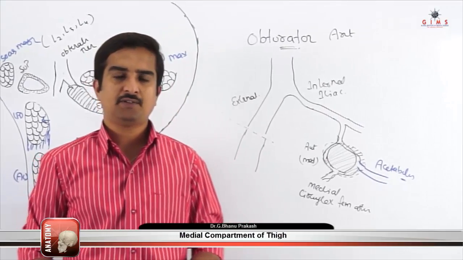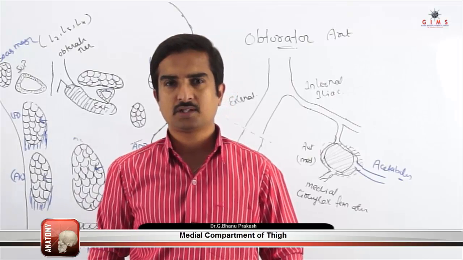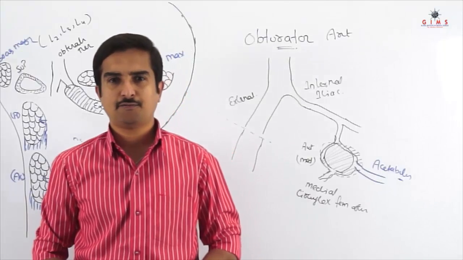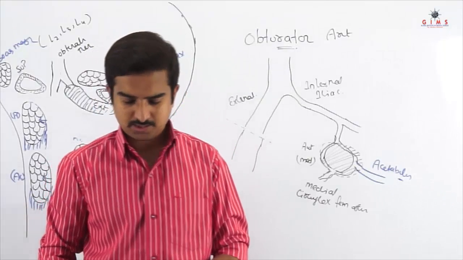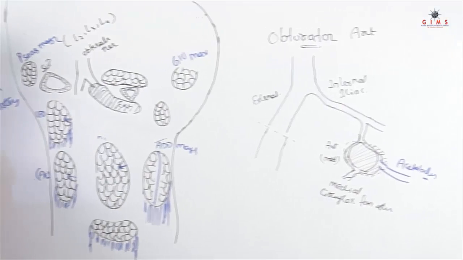So another artery we have to discuss in the medial compartment of the thigh is the medial circumflex femoral artery. So here our next artery will be the medial circumflex femoral artery.